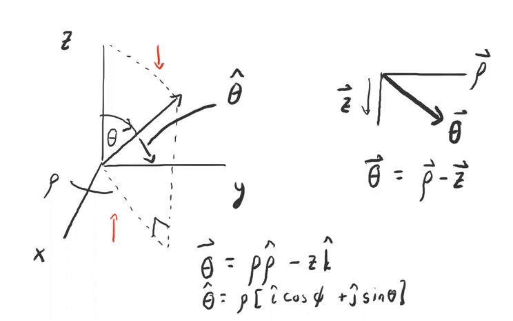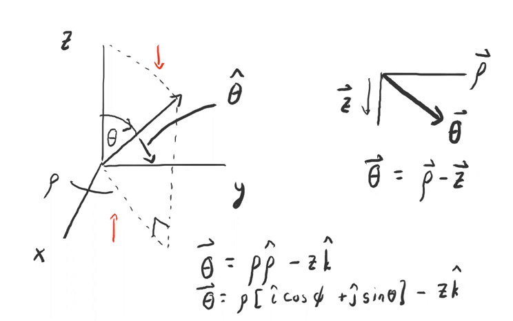And then I have a minus z k hat. And again, this is still a vector. This is not a unit vector yet. But to get a unit vector, all I have to do is get an expression for the vector and divide it by its magnitude.